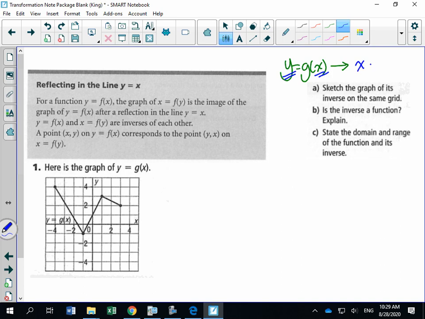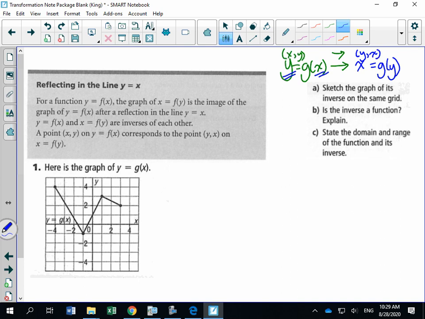The inverse would be x is equal to g of y. So that's what we're going to graph. And my original points, x comma y, on my inverse graph are going to be y comma x. So that's how we're going to find them.